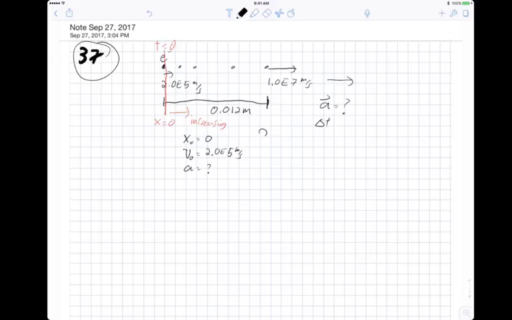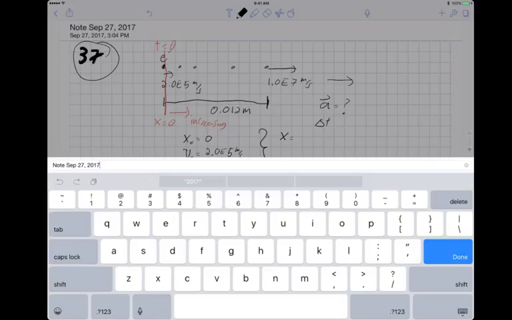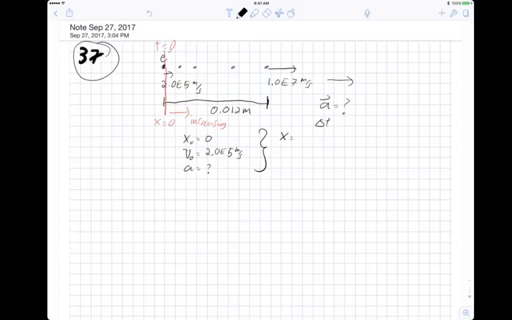So you put these together in your constant acceleration equations, and you get x equals 2.0 E5 times time plus a over 2 t squared, and v is equal to 2.0 E5 plus a t.